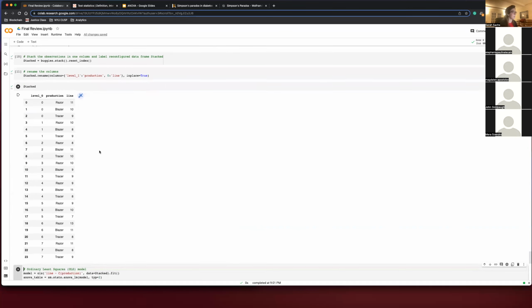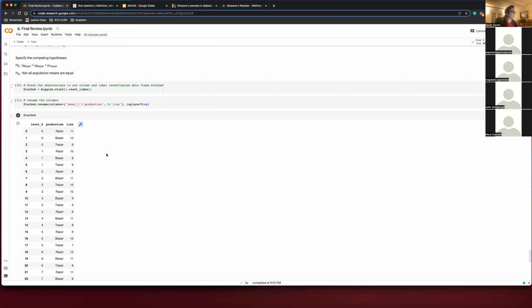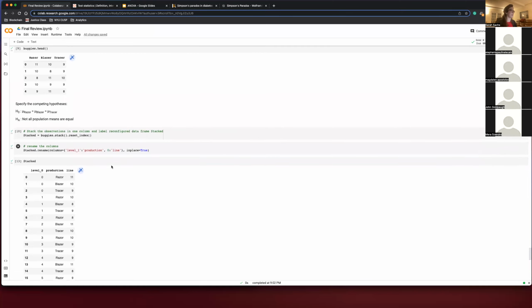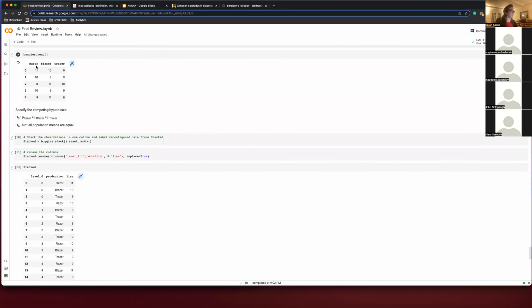And even if you're making a box plot, it's trying to see for each type of production, what would the value be? And that's really what the Anova test is getting at, trying to compare those different things. And we need to stack it because in this case, it just makes the process more streamlined so that we can say for this, that was the value, for this, that was the value.